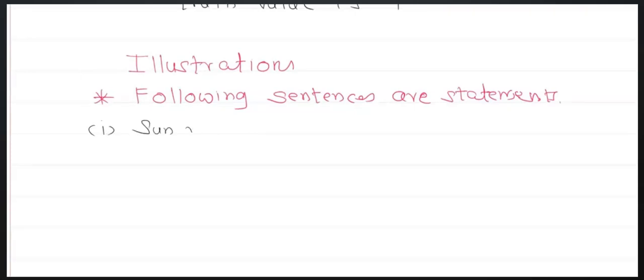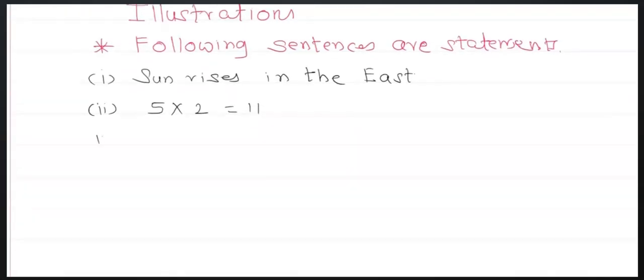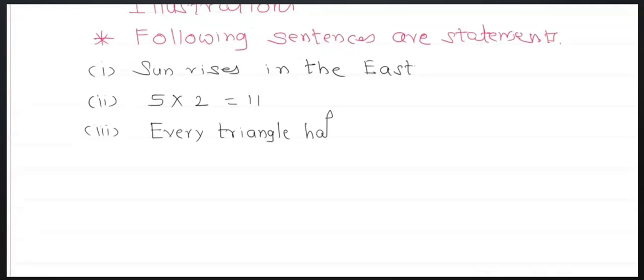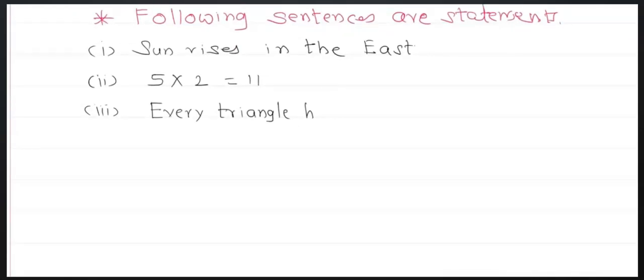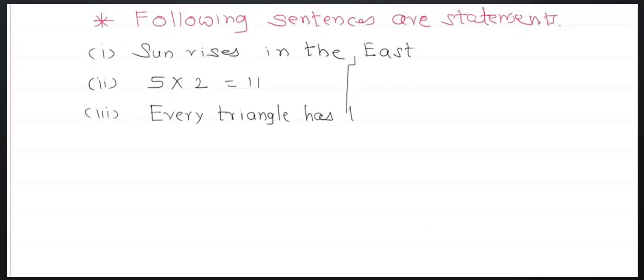First, the sun rises in the east. Its truth value is T. 5 into 2 is equal to 11. This is a statement, but its truth value is false. 5 into 2 is 10, but it is given that it is 11. Therefore, it is false.